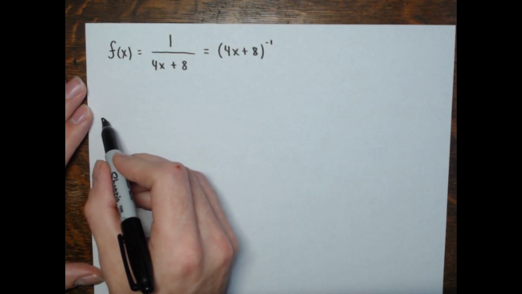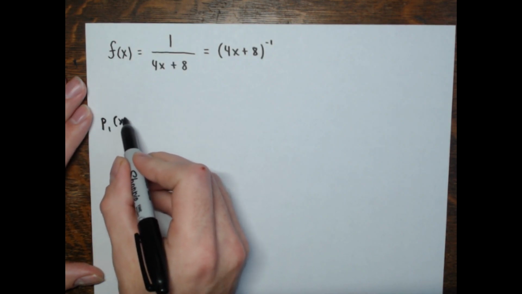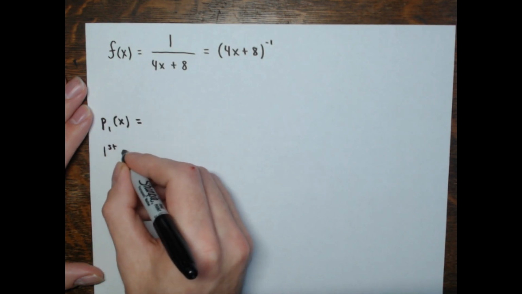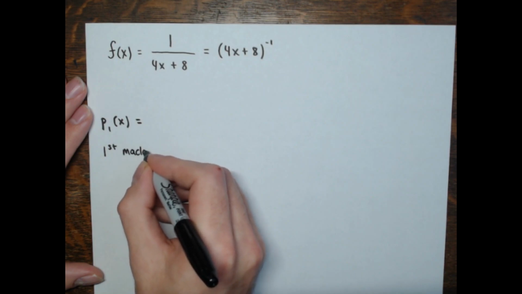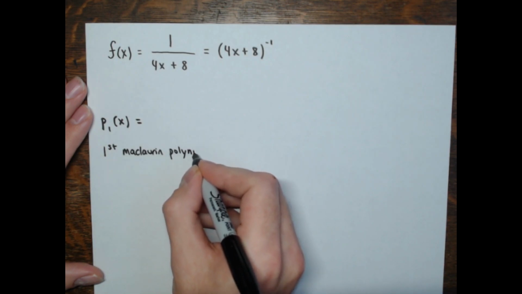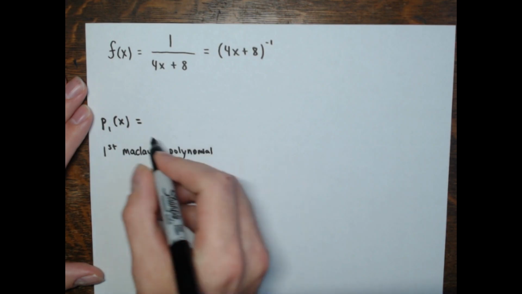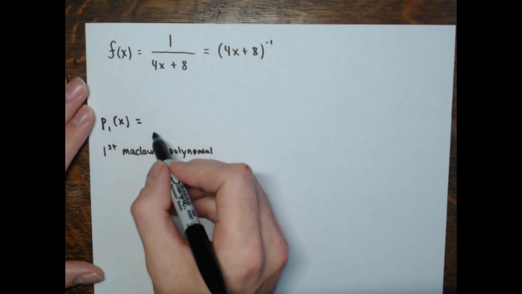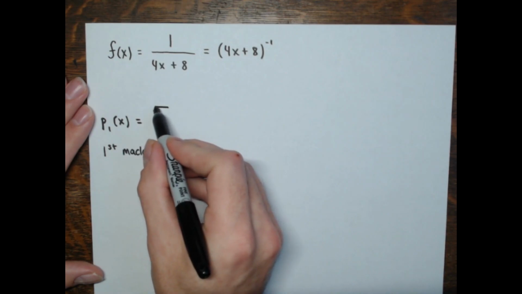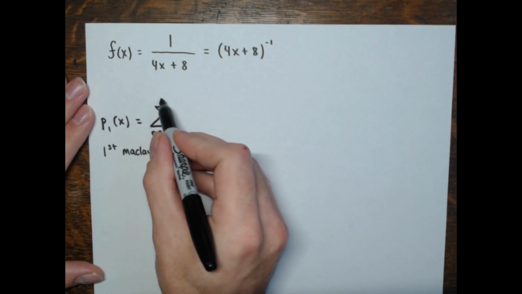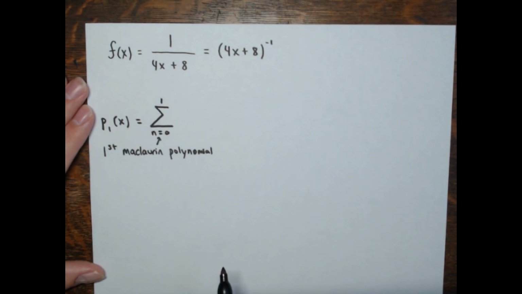Now they're saying p1 of x, they want the first Maclaurin polynomial. So again, all that is the following. It's this sum from little n equals 0 to 1, since we're just going out to the first power.